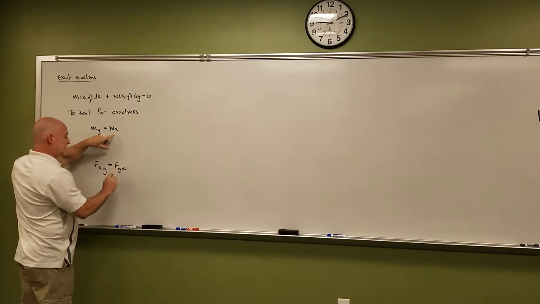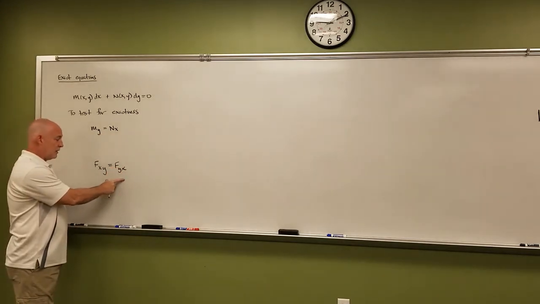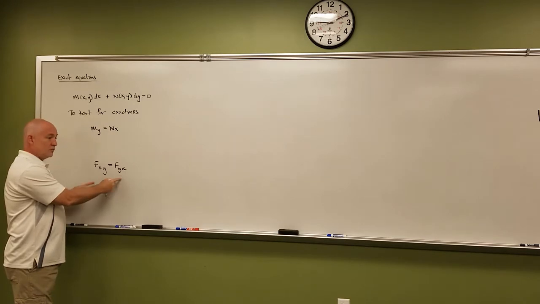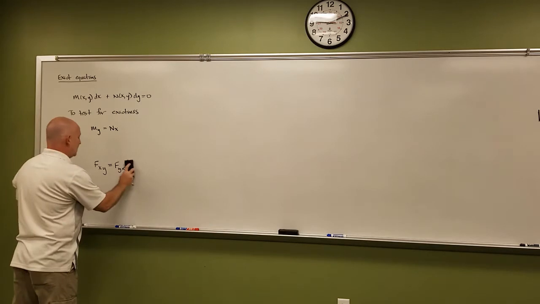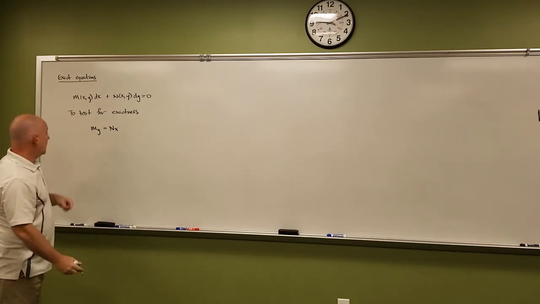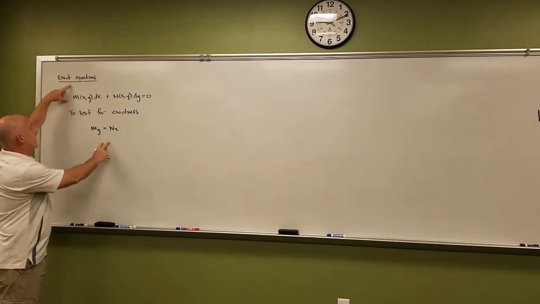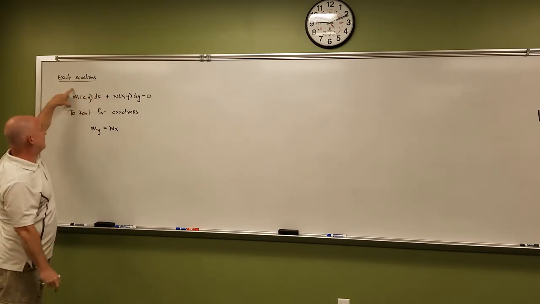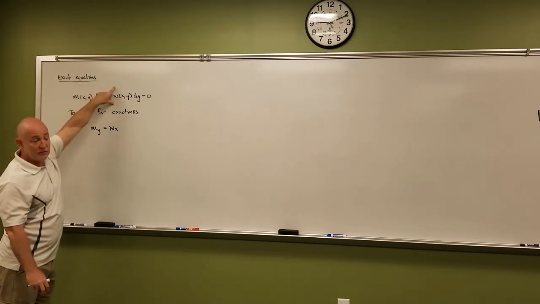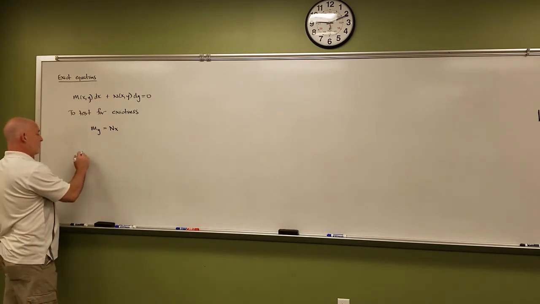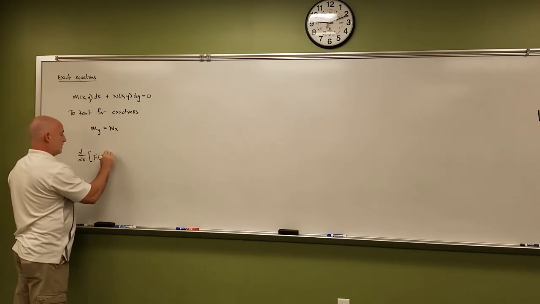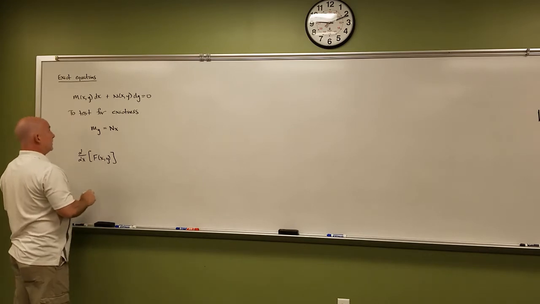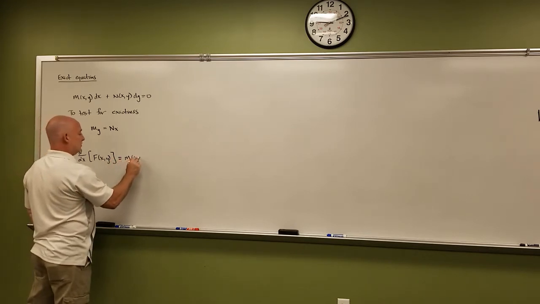Well, if those two things are equal to each other, as we saw when we looked at partial derivatives, if the mixed partials are the same, that means that this f here had to be the same function. So the idea here is, there's some function, if this is exact, that this is the derivative of that function with respect to x, and this is the derivative of that function with respect to y. Or another way of saying this, the partial with respect to x of some function f of x and y is what this M of x and y is.